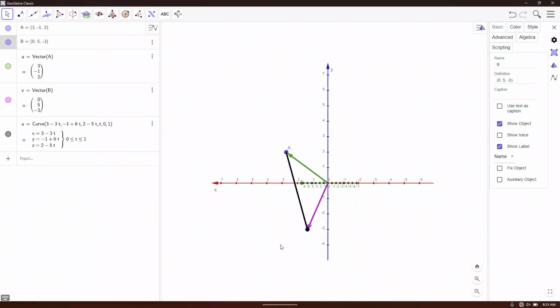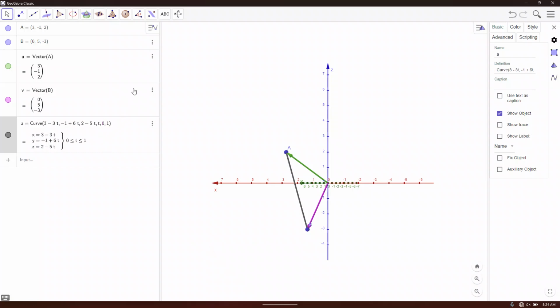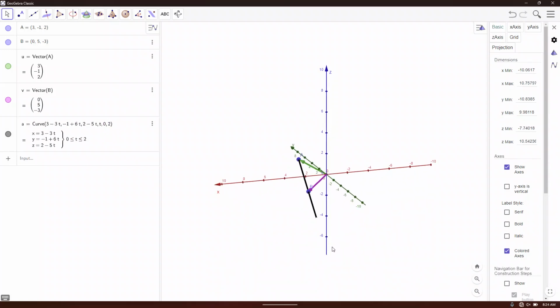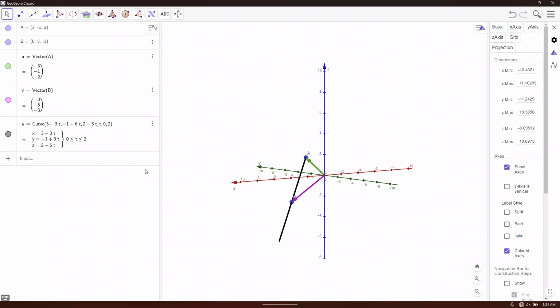Of course, I could keep going and add another point, for instance. Okay, let me see how we can modify this. Well, what if instead of 0 to 1, I go from 0 to 2? Okay, so I'm going to get a longer line right here, and we can also describe the vector that takes us all the way to point 2.